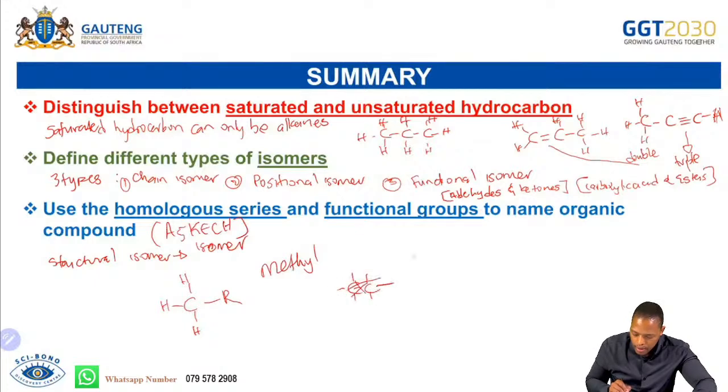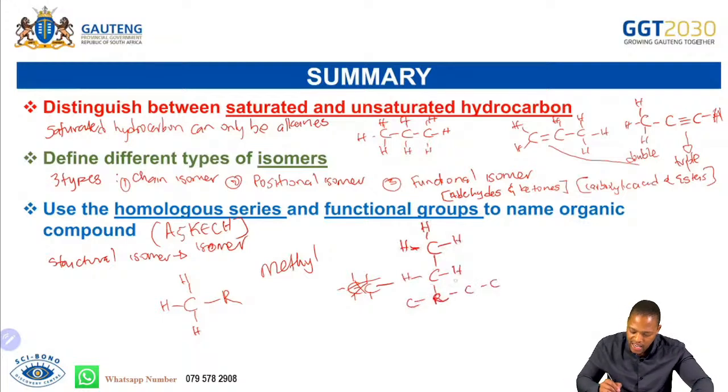Okay, let me draw it like this, the way you are used to seeing it. Something like this, and then hydrogen, and then this carbon will be connected to a chain of other carbons. So this guy becomes a what? Becomes an ethyl. This could be an attachment.